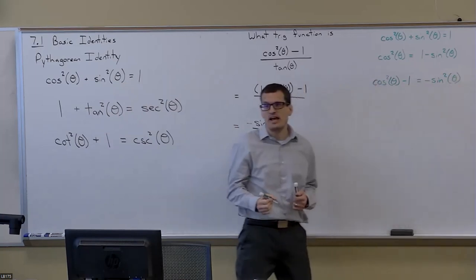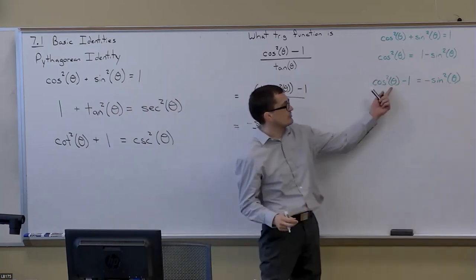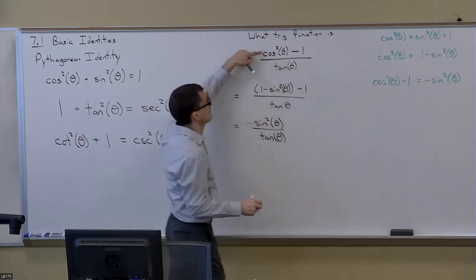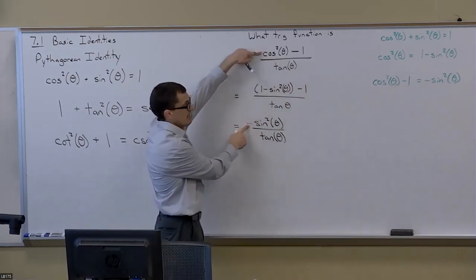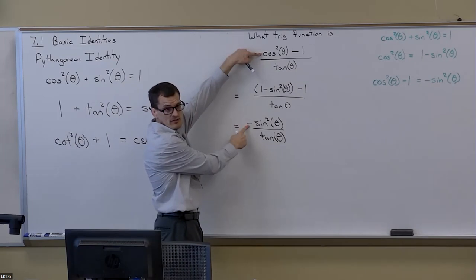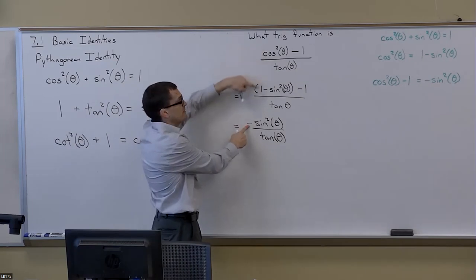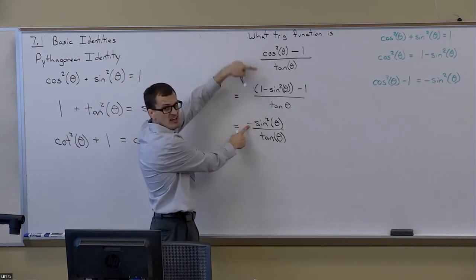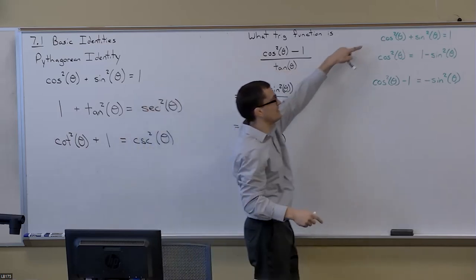So I could have done that and then replaced the cosine squared minus 1 with the negative sine squared theta. That would have saved me a step over here, but it would have added a step over here.